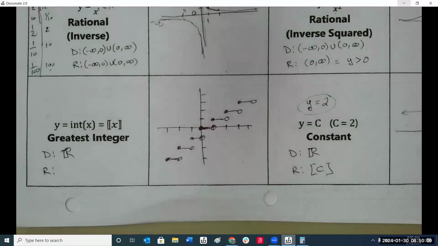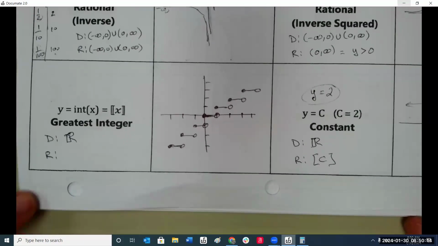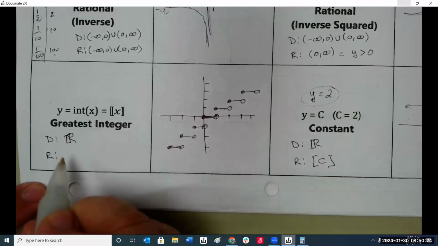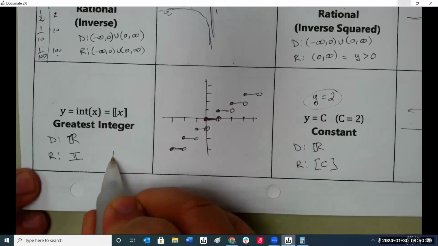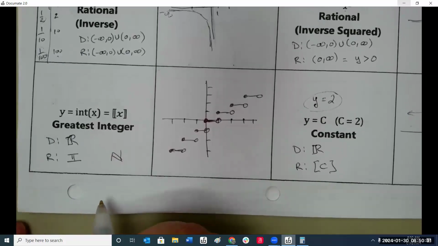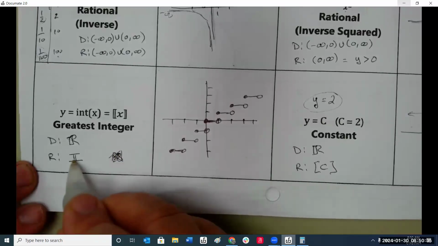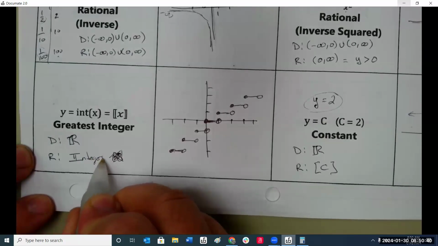Every number on the x-axis is accounted for. How about the range? What is its range? What are the y values? Very good. I think it's either I or N. That's natural numbers. That'll be I, integers. Integers.